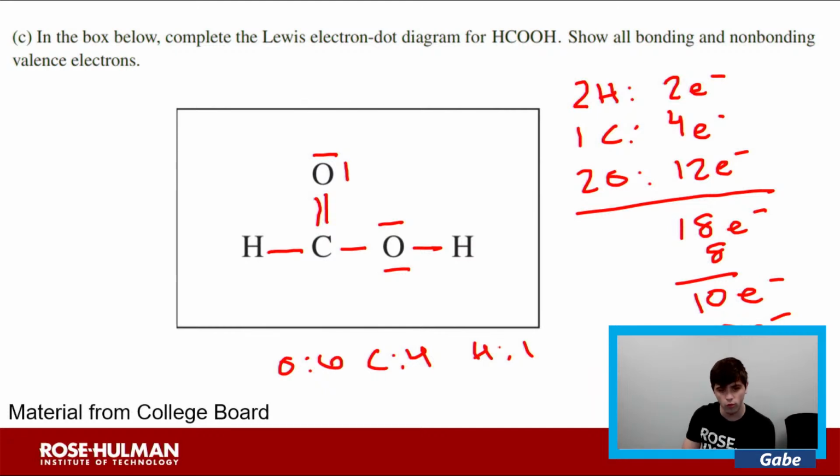So the way we count the formal charge of each element is we look at how many bonding pairs there are and how many non-bonding electron pairs there are. Now keep in mind that I've used lines on the outside for my non-bonding pairs, but we can also represent the electrons as dots, and you can see that each dot represents a single electron.